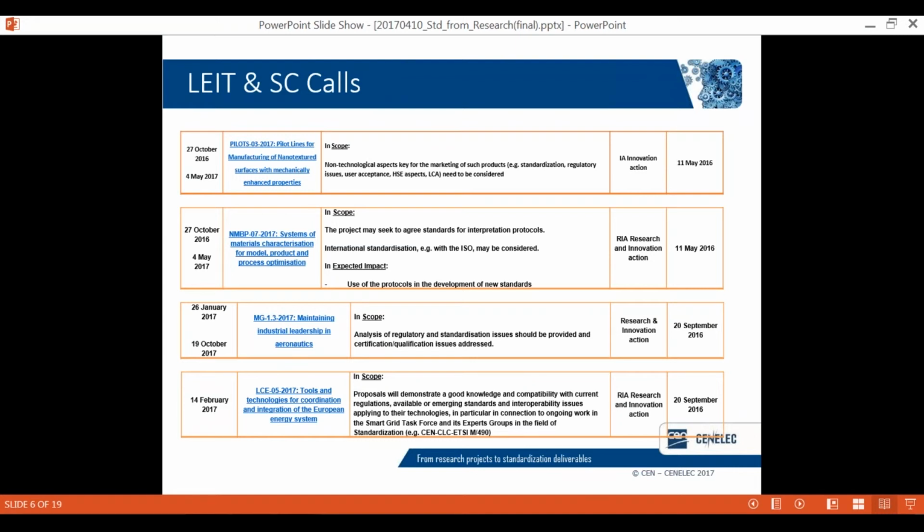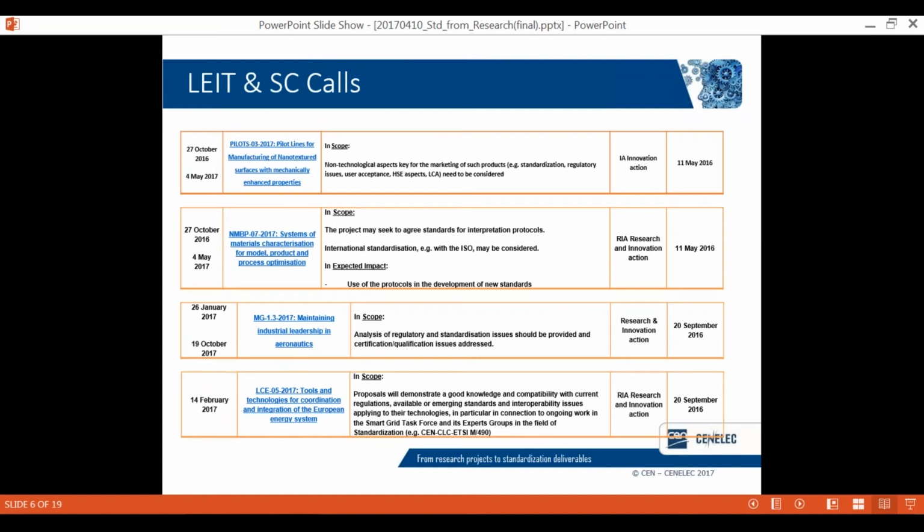So again, very specific. This is just to show you the variety of references, which, for those not so familiar with standardization from the research and innovation side, sometimes creates confusion and misunderstandings, which we try to clarify so that we ensure this transfer of research results to standardization.